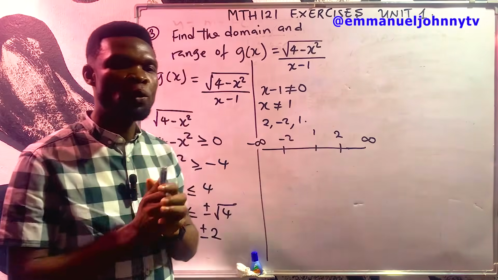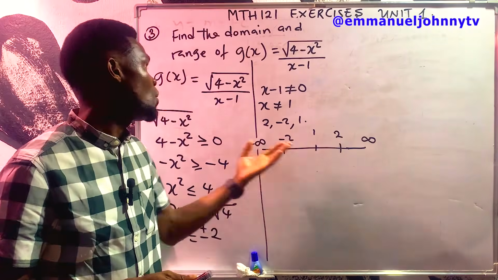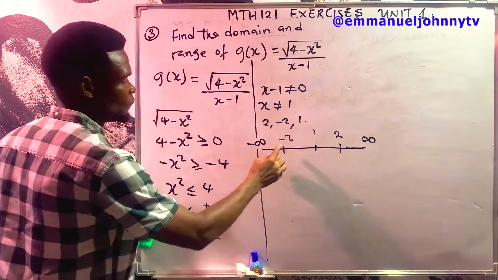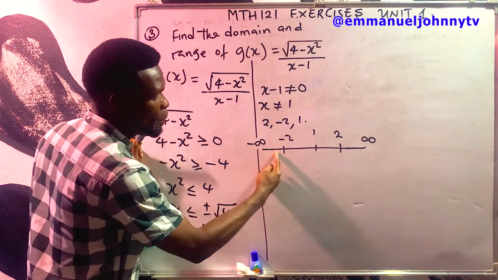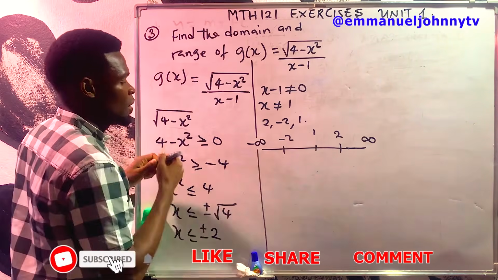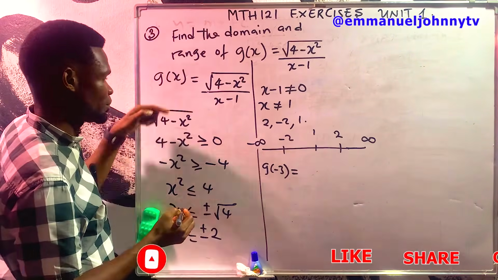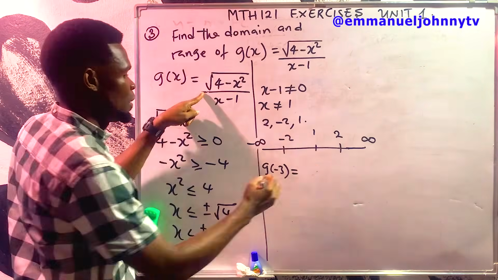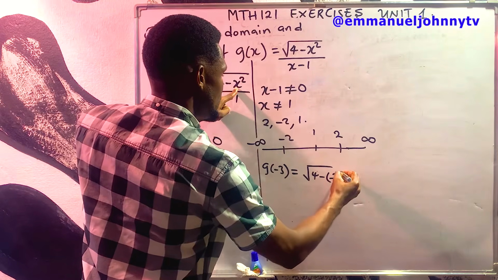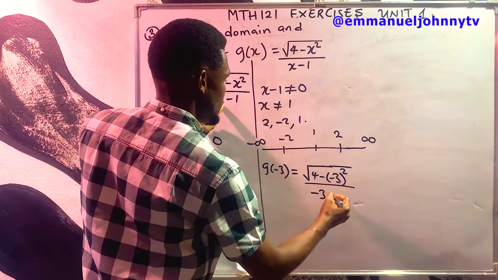So the next thing we are going to do quickly is to test the point and know which of these regions will satisfy this function g of x. So let's test. This is minus 2. We'll pick a point here, say minus 3. Remember, after minus 2 is minus 3. So g of minus 3 will be equals to, anywhere you see x, you put minus 3. So that will be square root of 4 minus minus 3 raised to the power of 2, all over minus 3 minus 1.